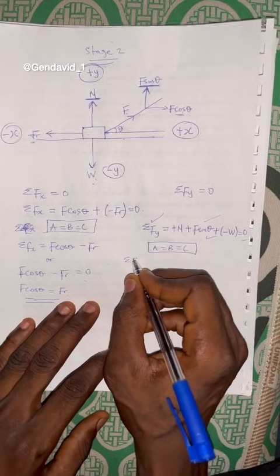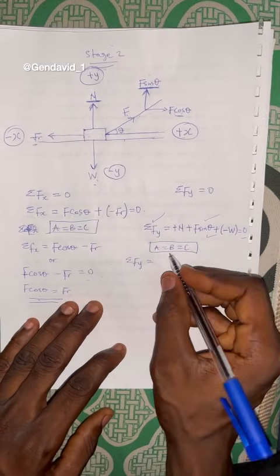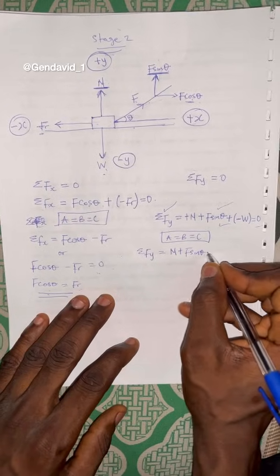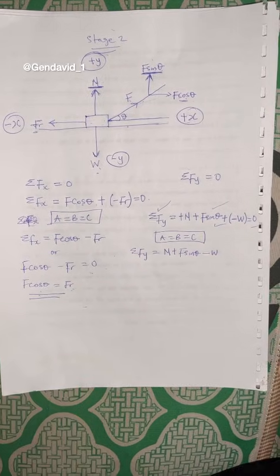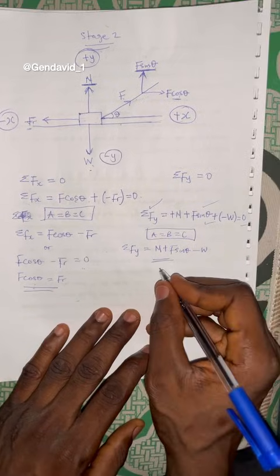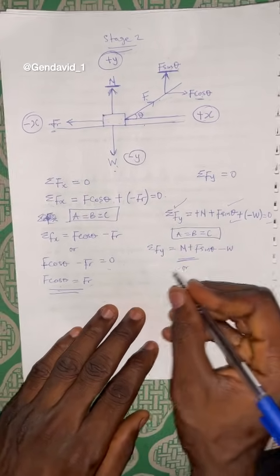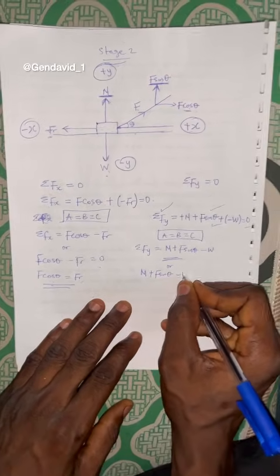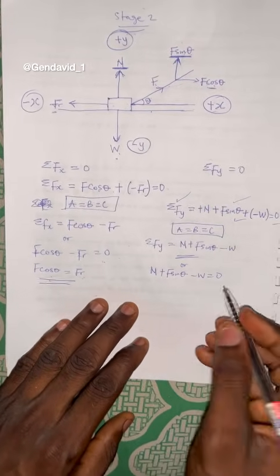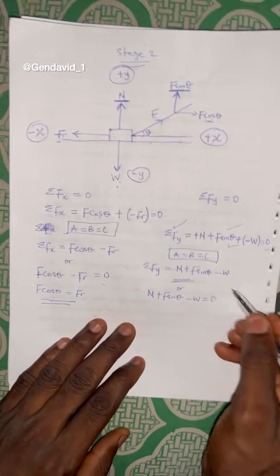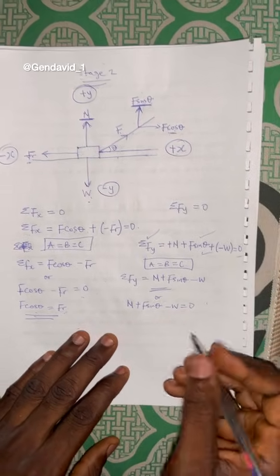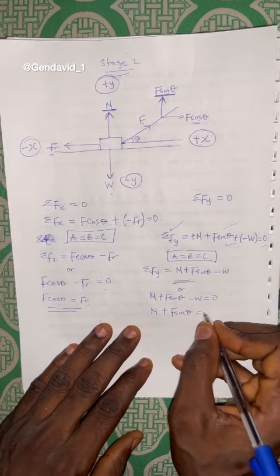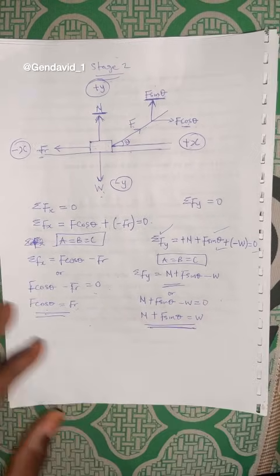So I can say that summation Fy is equal to the one in the middle, which is N plus F sin theta minus W. Or you can say the one in the middle is equal to 0, which is N plus F sin theta minus W is equal to 0. By the time I have it, I can take minus W to the other side, so I will have N plus F sin theta equal to what? W. So this formula holds.